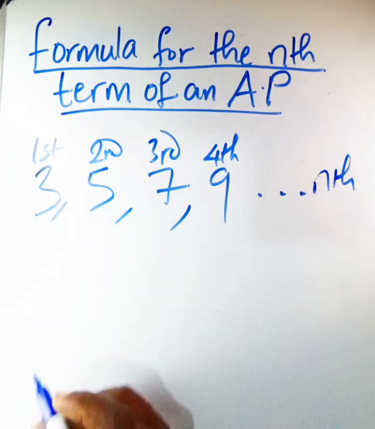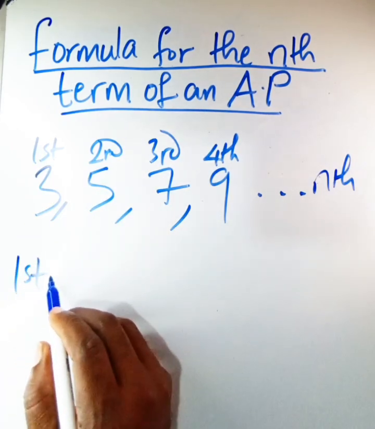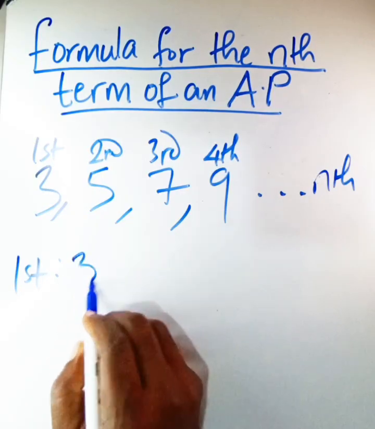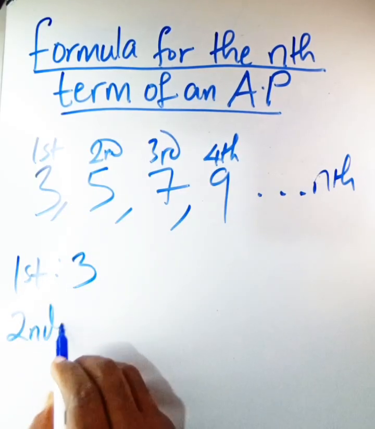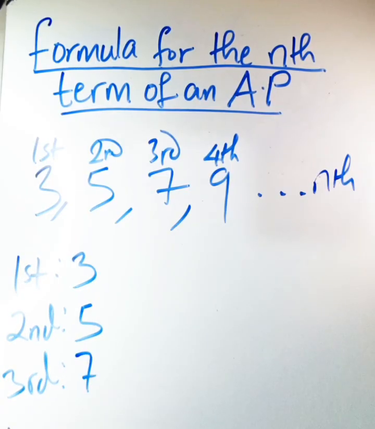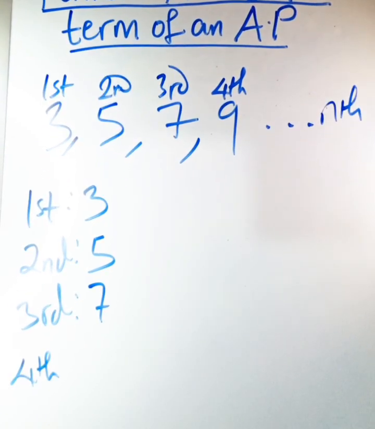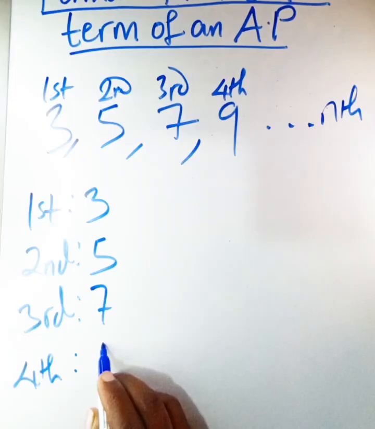I want to arrange it vertically. So the first position took on 3. The second is 5. The third is 7. And the fourth is 9.